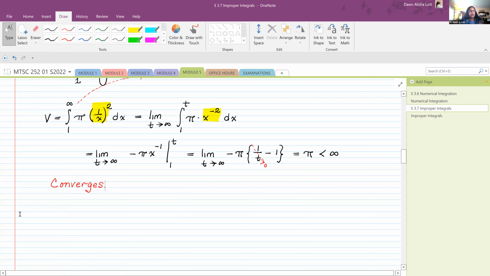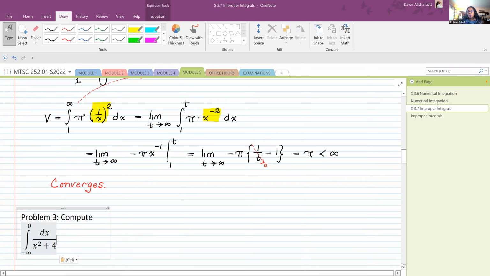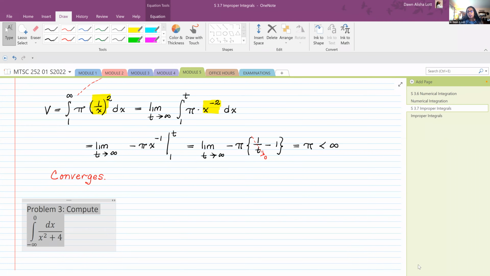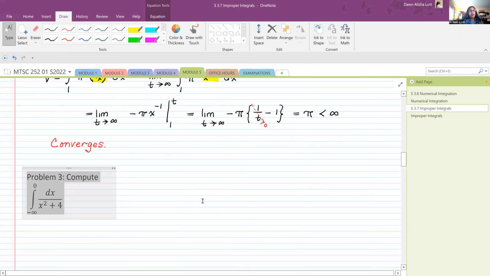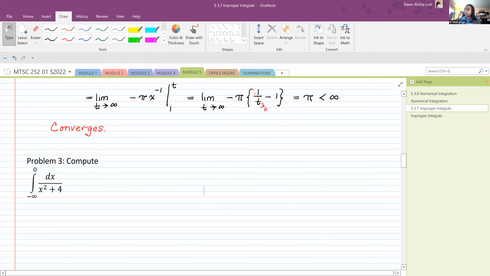Okay, problem 3. I like the fact that now we're using everything that we learned. As one of my colleagues said, math is a chain. You have to know the beginning of the link in order to get to the end of the link. So we want to compute this integral.